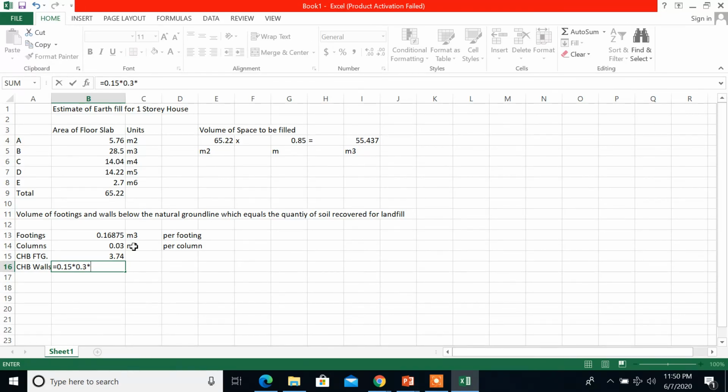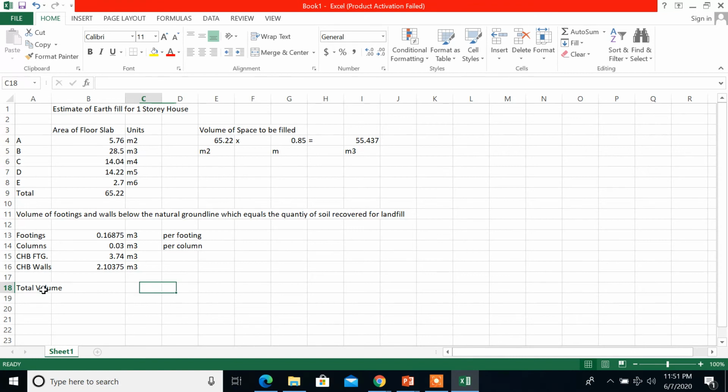So length natin based from the measurement earlier is 46.75. So ito is 3.74 cubic meters and 2.10375 cubic meters. Ayan. Then next, for the total volume, equivalent to sum. Ito lang natin sum. Ayan, 6.0425 cubic meters.